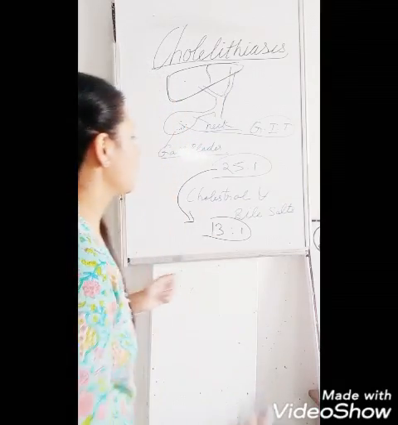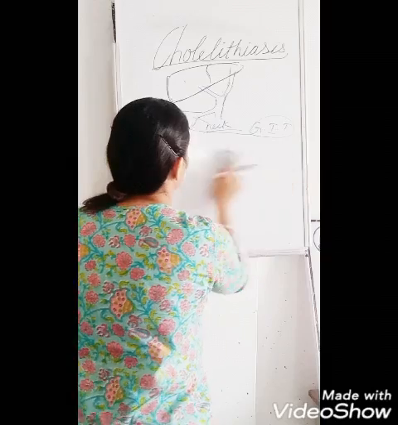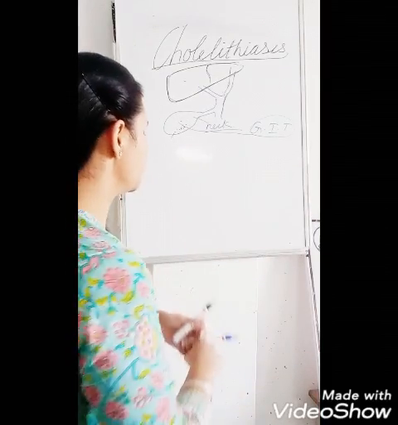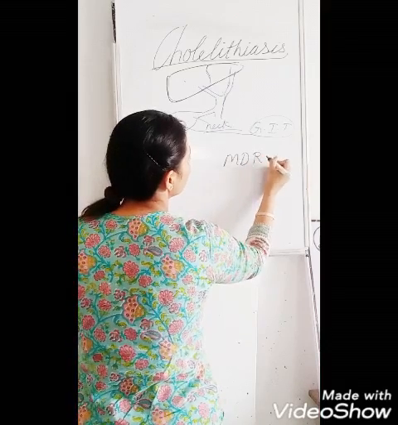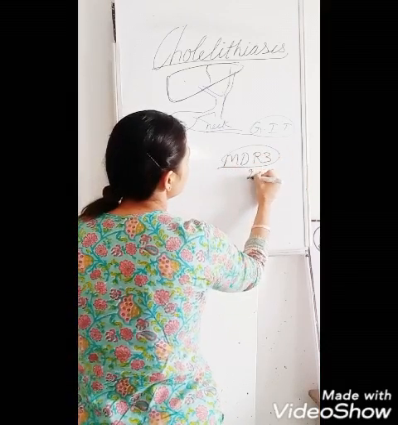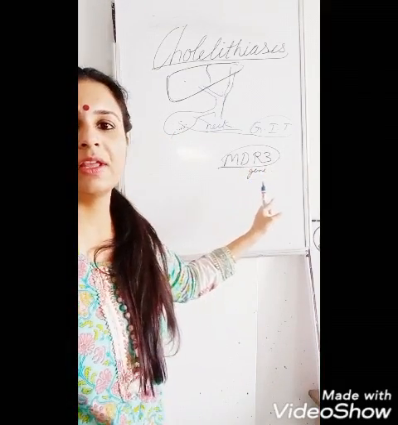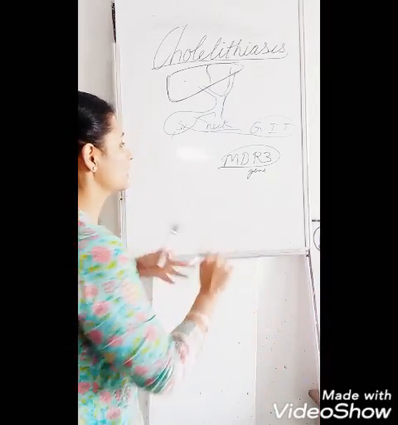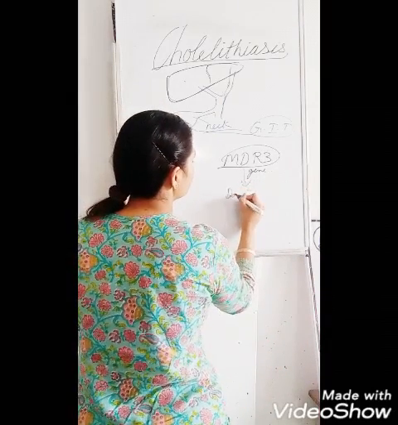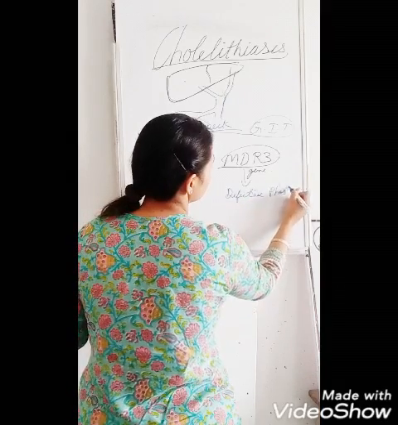So there is another factor. When there is mutation of the gene MDR3, this will lead to defective formation of phospholipids. So there will be defective phospholipids.